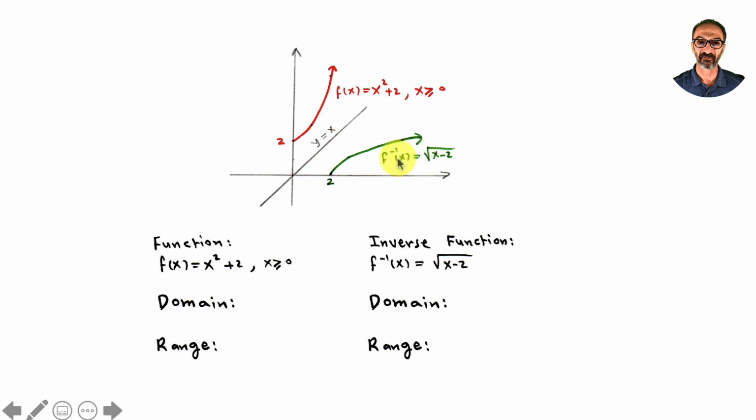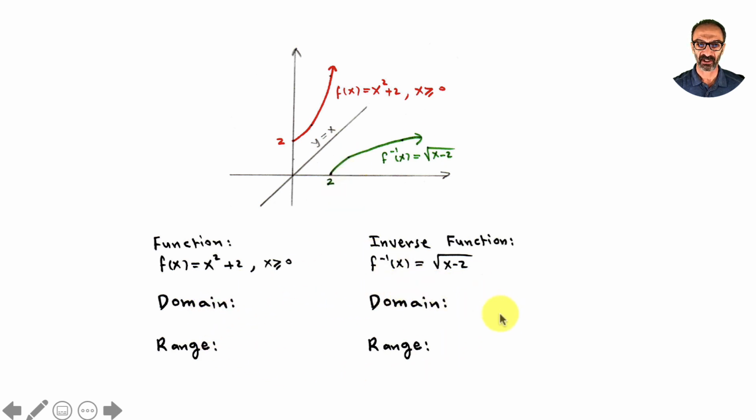That will be f inverse of x. It's a function, as you could see. It's an inverse function because it passes through the vertical line test. The function right here with the restricted domain, this is an inverse function. There is no plus minus, just a regular positive principal square root.